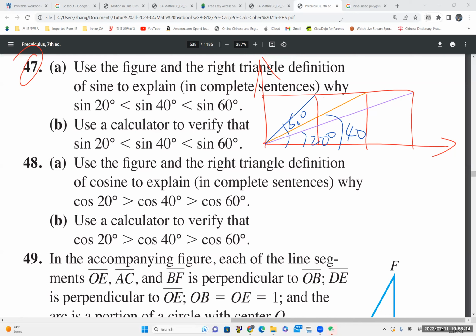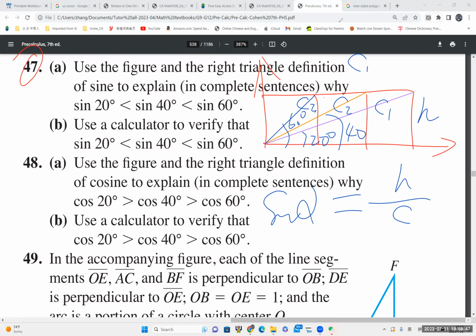Then suppose this is like y, or let me call it height. So each of the angles equals h over the hypotenuse, right? Hypotenuse, let me just call it c. But here we have c1, c2, c3, right?